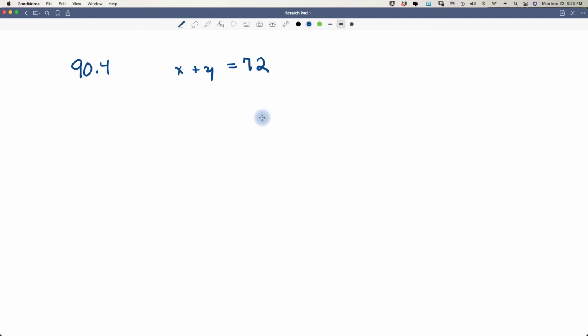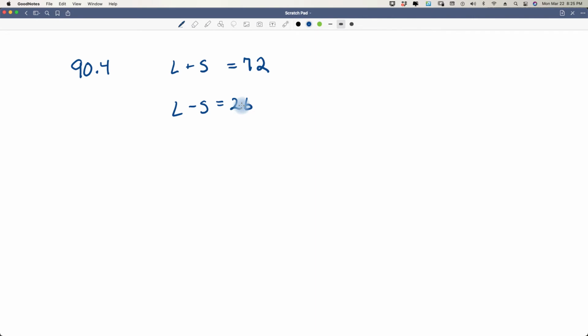What are the numbers? So instead of using x and y, let's say we have a large number and a small number, and they equal 72. The large number minus the small number equals 26. So large minus small equals 26.